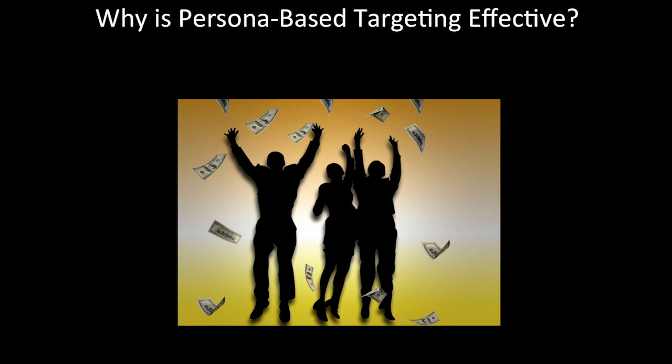So it allows you to hyper-target, to target more effectively than ever before. It gives you the benefit of lower marketing costs because instead of reaching out to 100 people and your product or service is only needed by 20 of them, you can reach out to 100 people who absolutely fit this very specific criteria that defines your target market, because you have created a persona of your ideal customer, and these 100 people fit your persona more closely than anybody else. So it allows you to lower marketing costs.